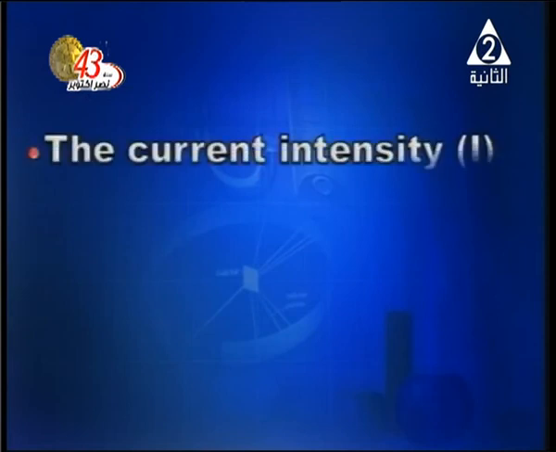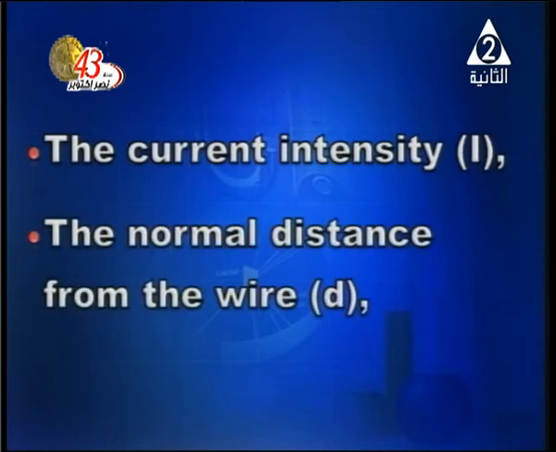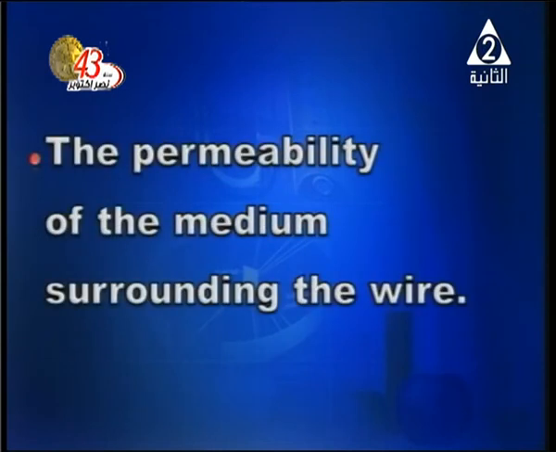So, the current intensity, this is the first factor. The normal distance from the wire, and it is denoted by d. And permeability of the medium surrounding the wire.